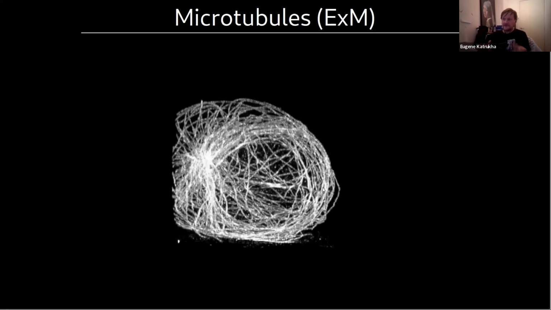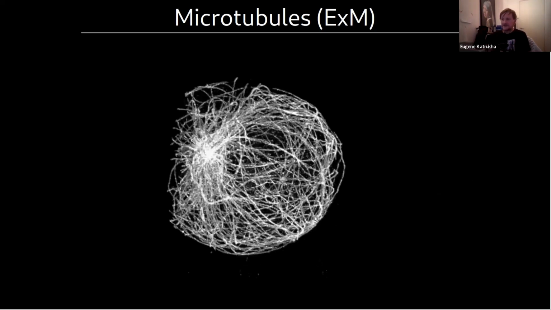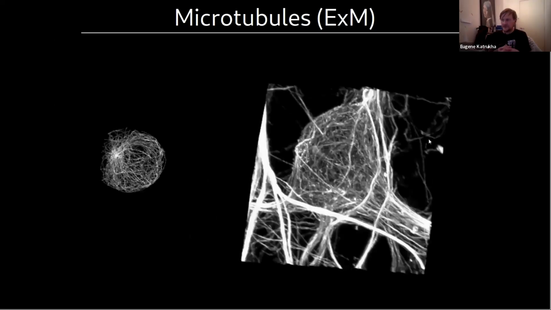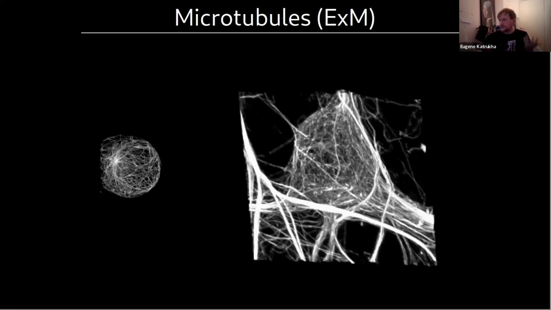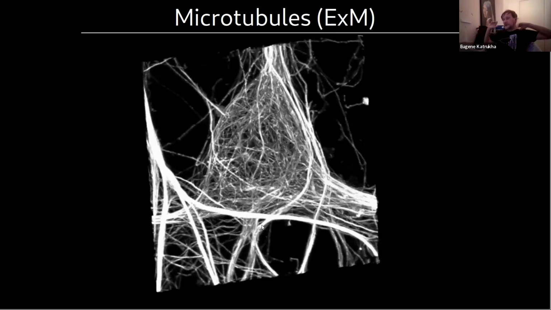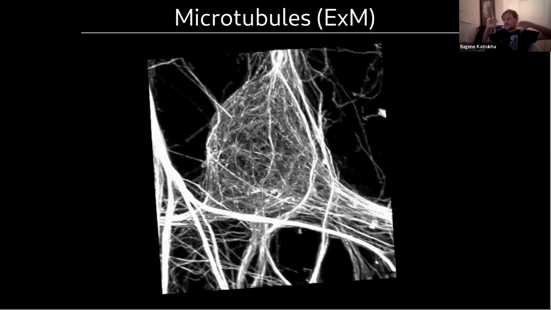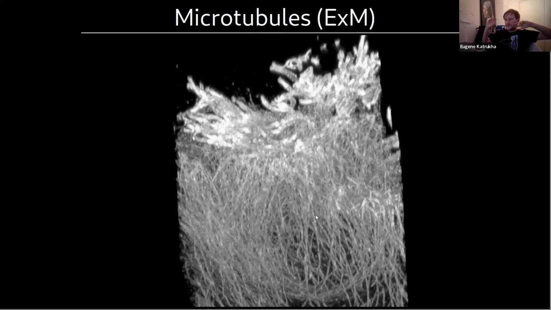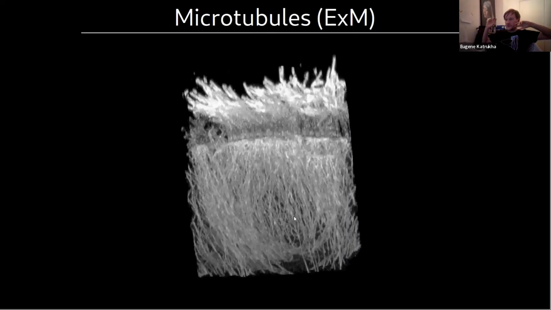And then if you have a different cell type, and this is an immune cell type, a T cell, then the network adapts and adjusts to the other shape of the cell. And here we see a neuronal cell. This is all expansion microscopy data, right? And in neurons, you have these dendrites and axons. So you have these bundles of microtubules because they serve as tracks for the cargo, so you can see where the molecules go.